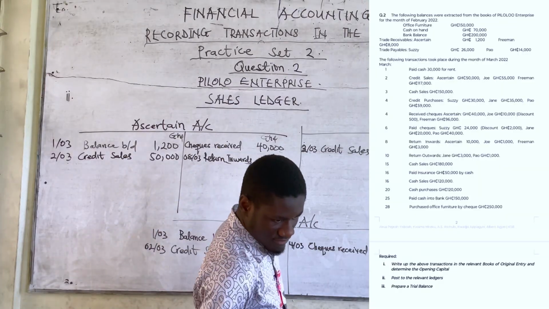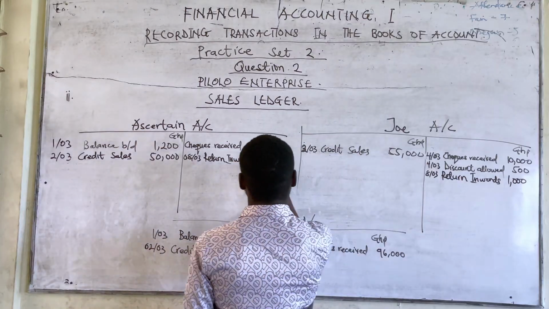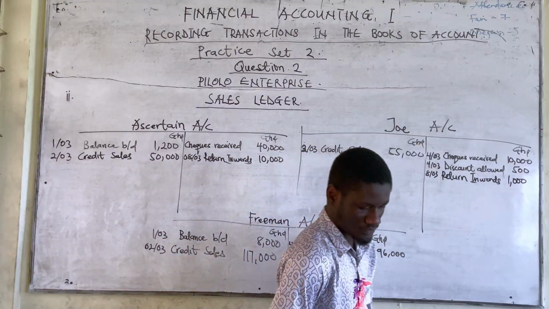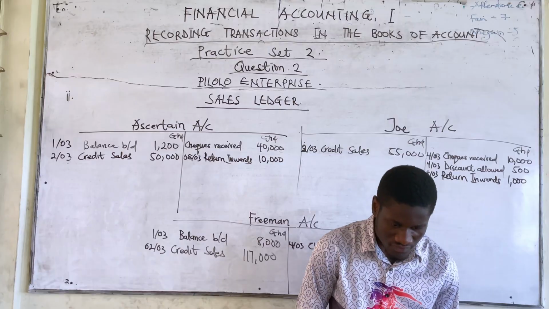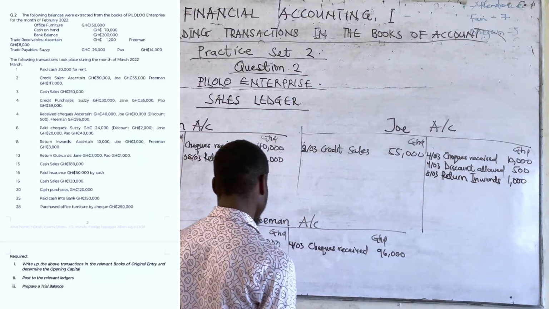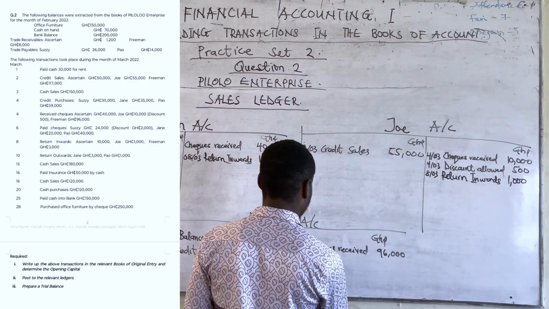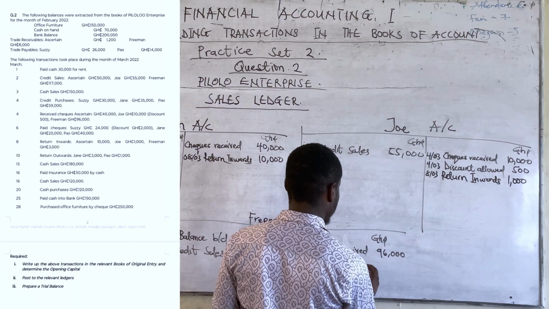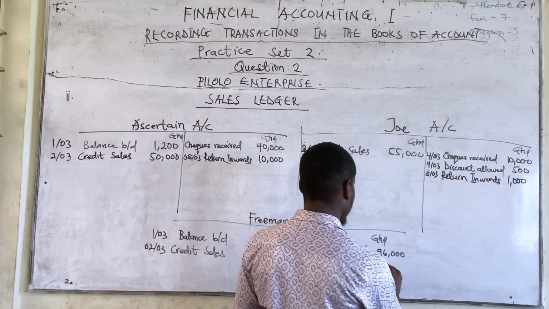We have Ascertain to be what? 10,000. Good. Then we have Freeman to be 3,000.